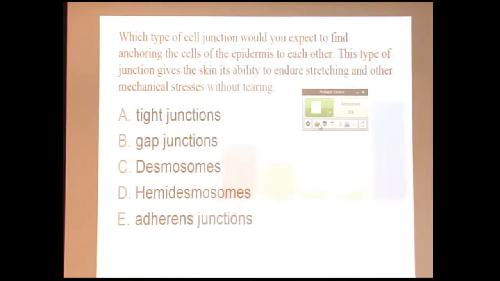All right, so E is the best answer there. It is the adherens that give you protection from stretching and tearing. So tights for preventing things from leaking past you. You can kind of think of it if you're putting two pieces of wood together or something, and you just put a little piece of tape on each side.